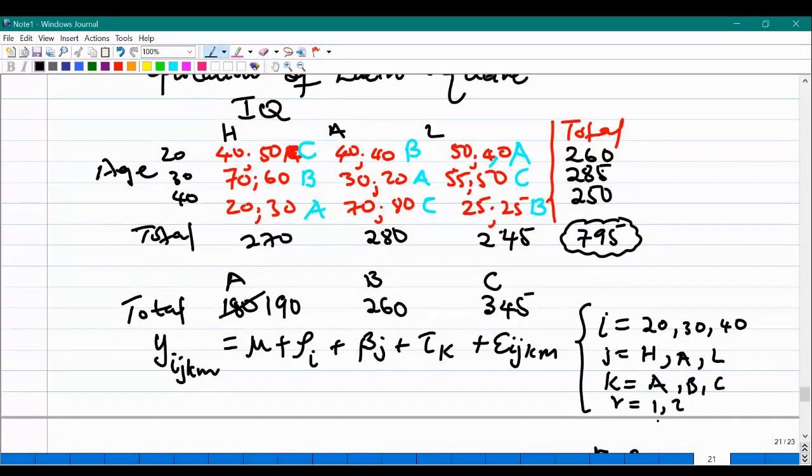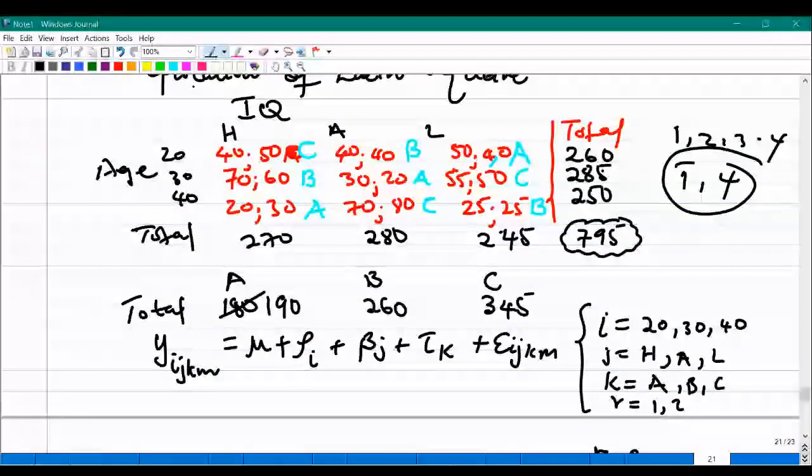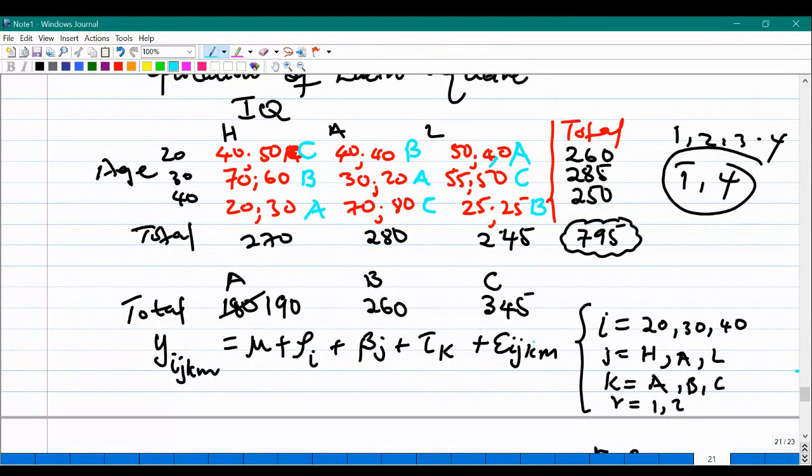Sir, last time you said you have to write the interval. Yes, the interval. If it's 1, 2, 3, 4, you know the logic. You can say from 1 to 4. Same applies to the treatment. Let me show you.